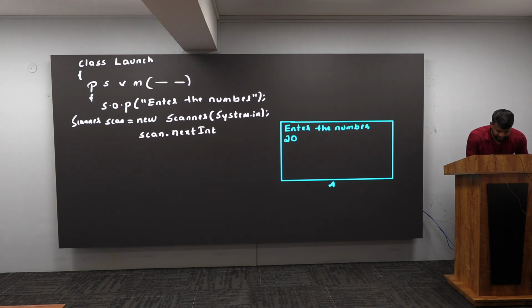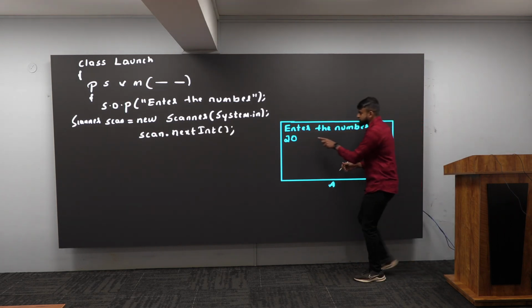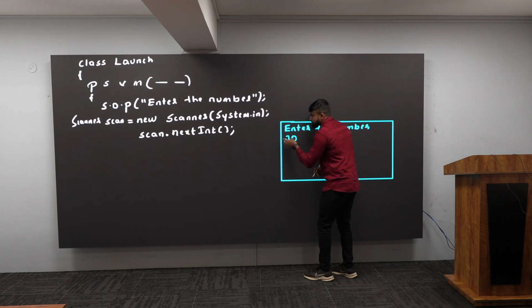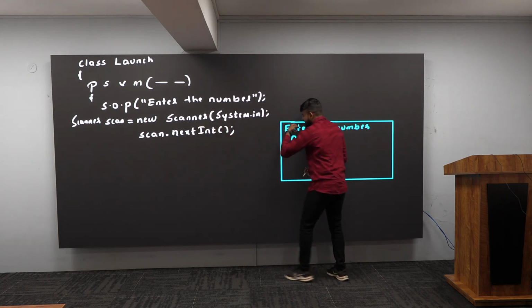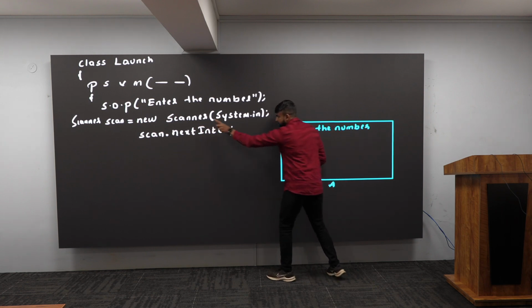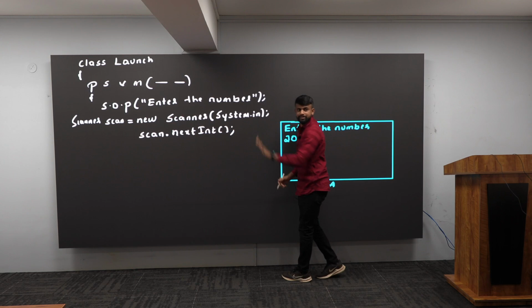Like this you should tell. Whenever you are scanning a float, scan.nextFloat. Whenever you are scanning a double, nextDouble. Boolean, nextBoolean. Like that it is.